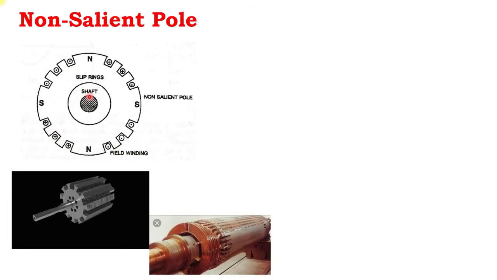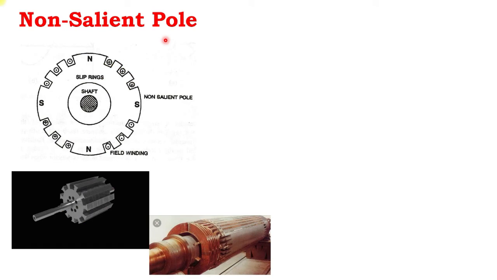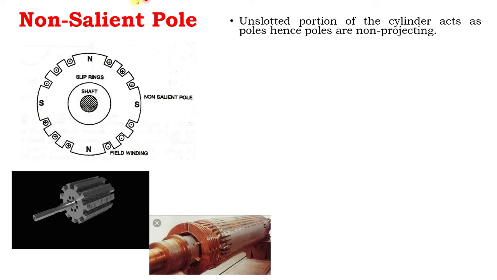Next one is non-salient pole. Here we can see that these poles are not projecting out from the magnetic wheel. We can see this very clearly, and in this diagram also. The features of non-salient pole are exactly opposite to the salient pole type of rotor. First, it has a number of slots in the outer periphery of the magnetic field, and these slots will carry the winding.